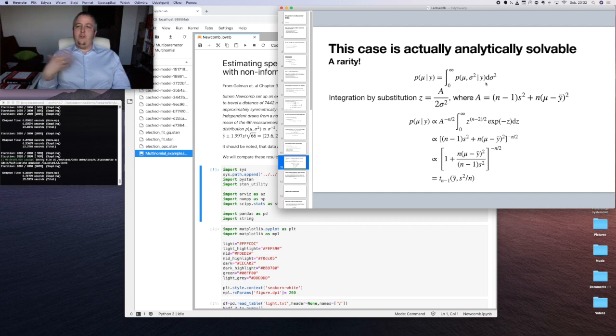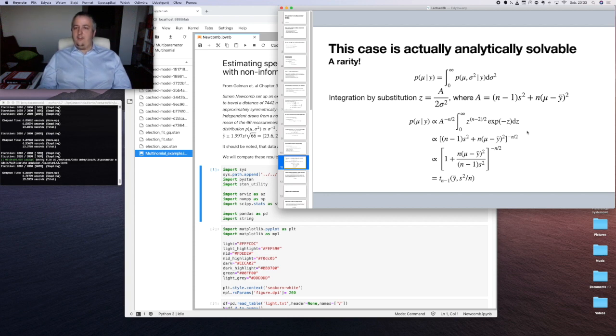So we will be integrating our joint posterior distribution for mu and sigma squared by sigma squared, and doing this substitution: z equal to a constant dependent on mu, divided by 2 sigma squared.